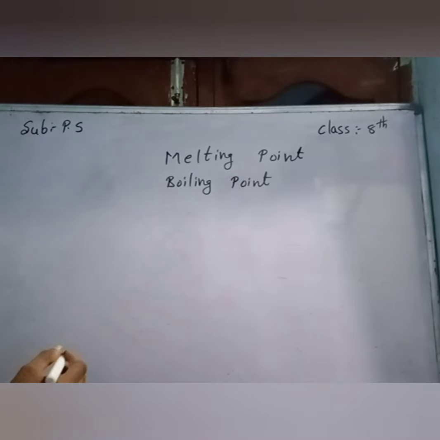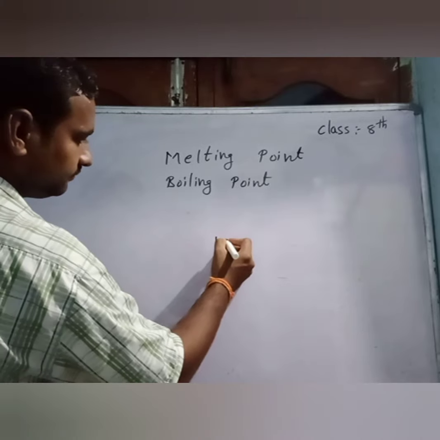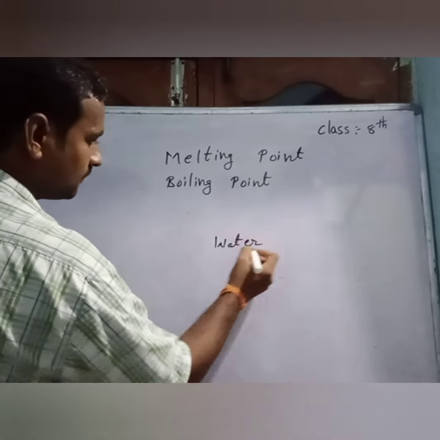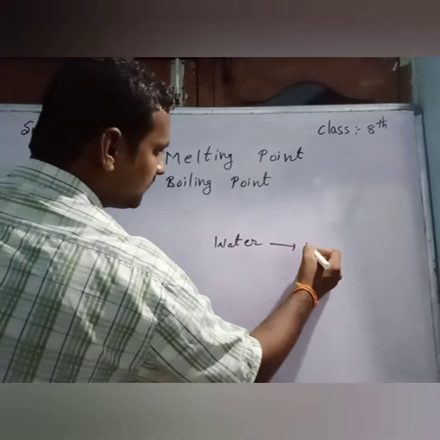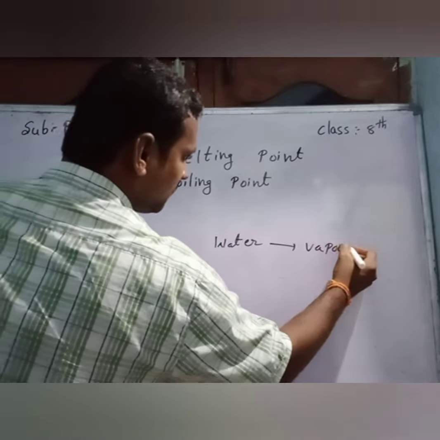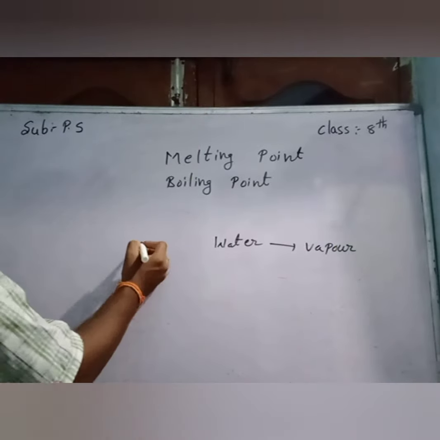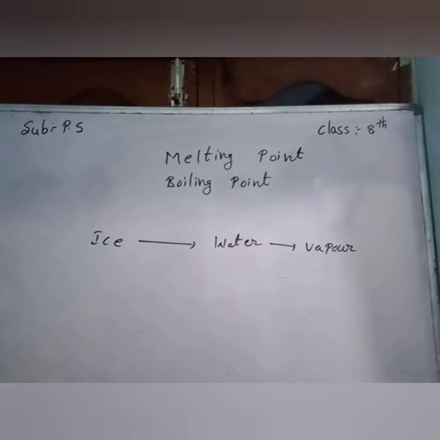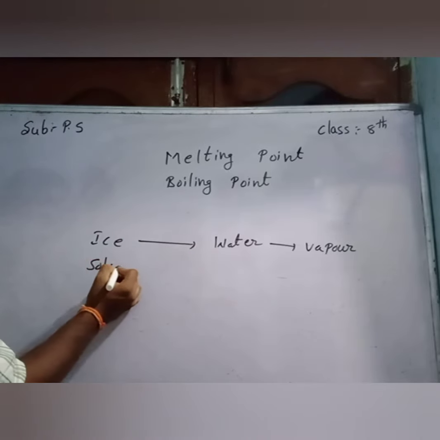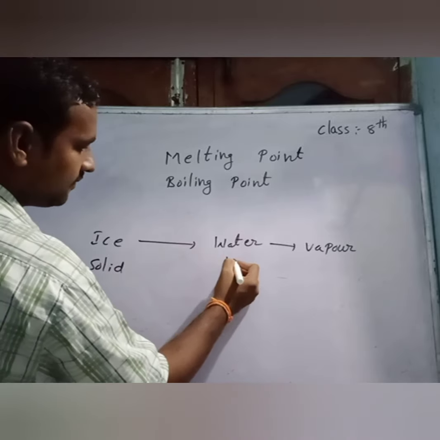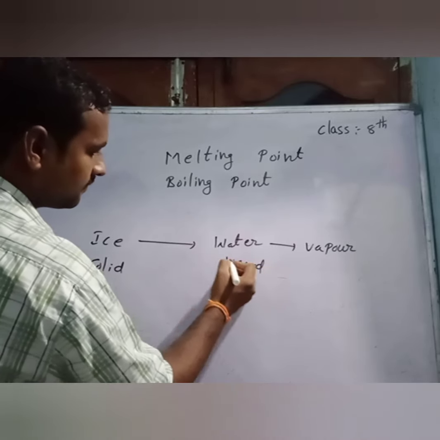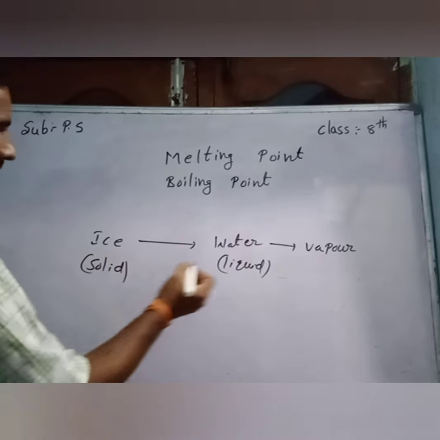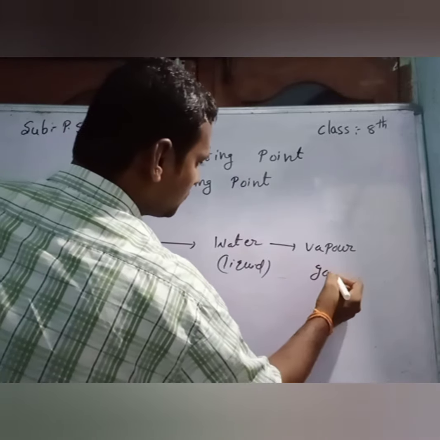For example, take water. Water has a vapor state or water vapors, and a solid form, ice. Clear? Ice is solid and water is liquid form, and vapor means simply gas.